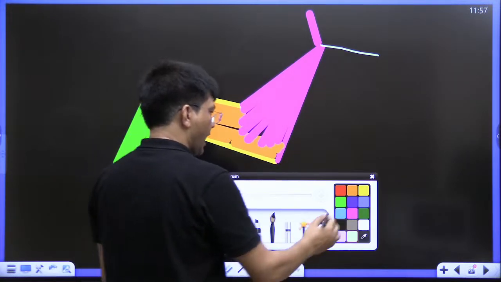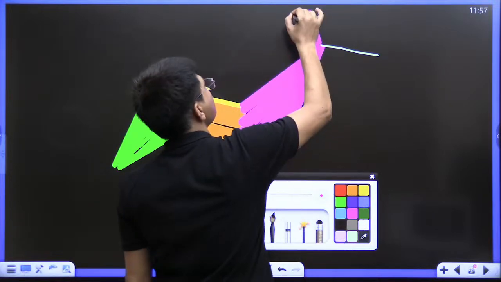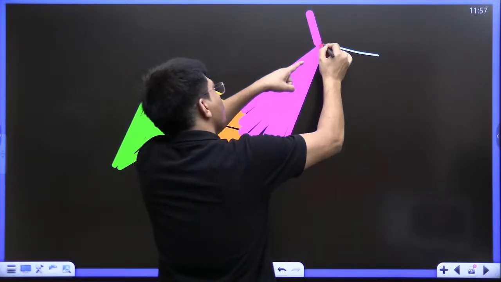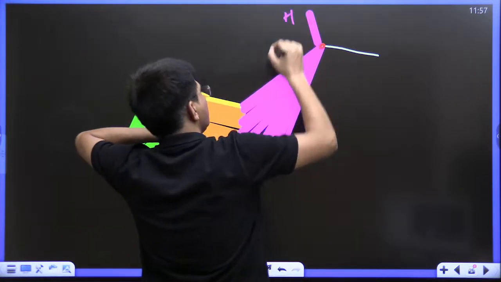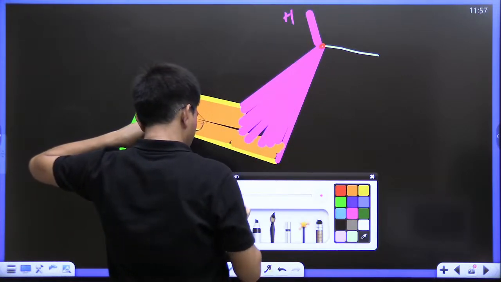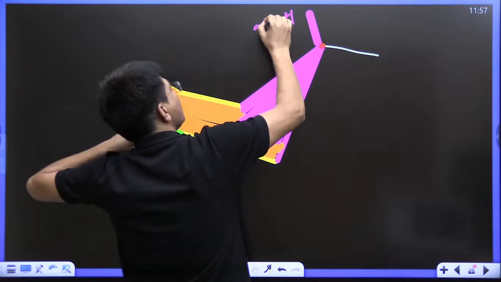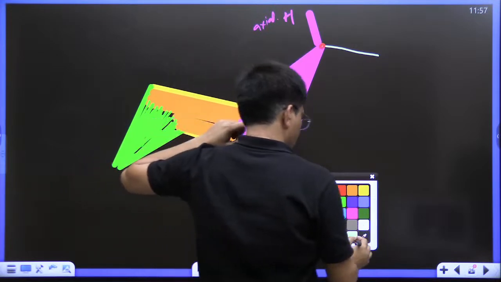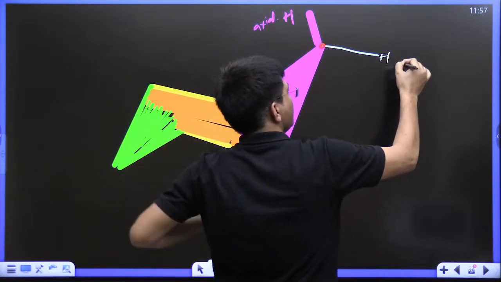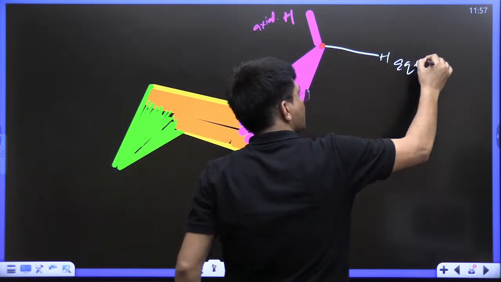So this hydrogen must be going up because this hood is going up, and this is known as axial. This going down is known as equatorial.